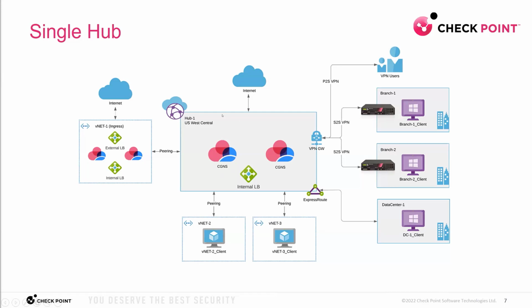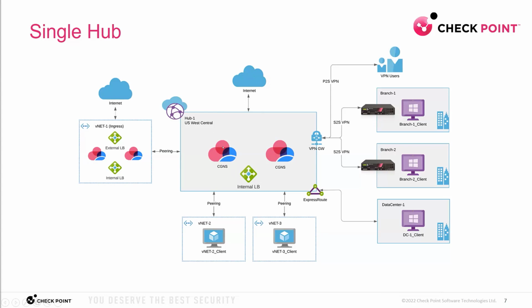The route back will go back to the gateway, to the internal, and from the gateway directly to the client. The route back does not go to the load balancer.